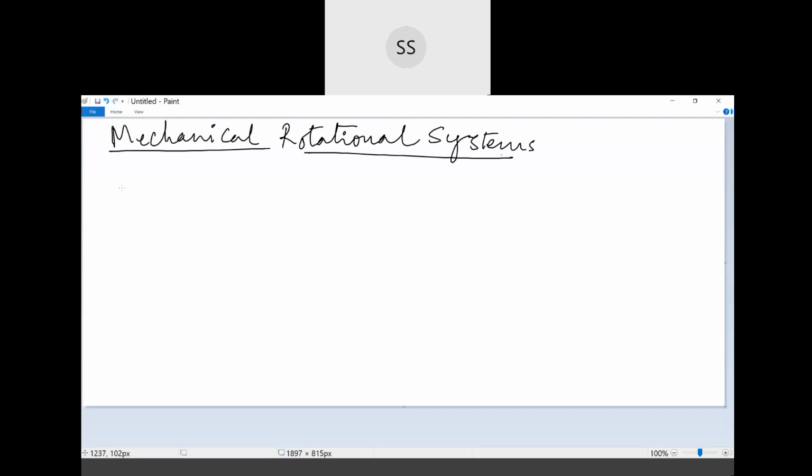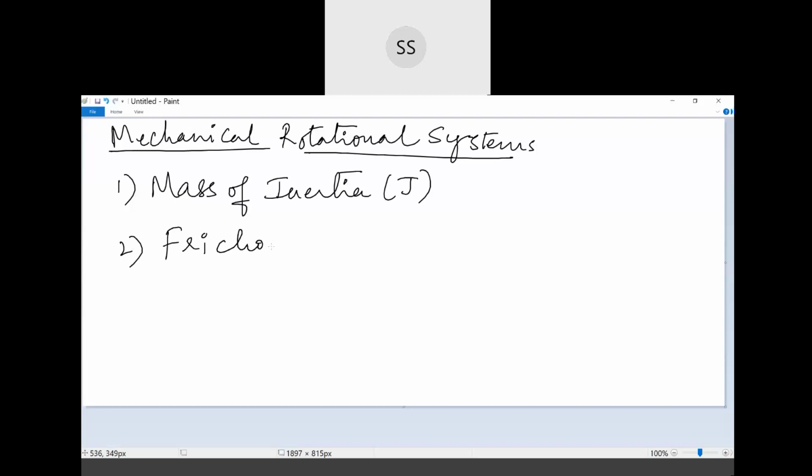So one is mass of inertia or moment of inertia. This element is represented by J. The second element is again the friction only, or the damper element.